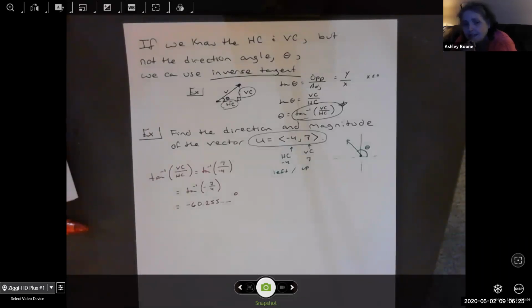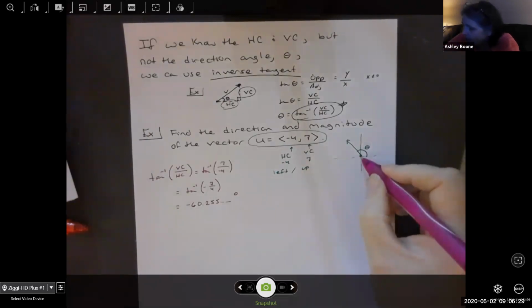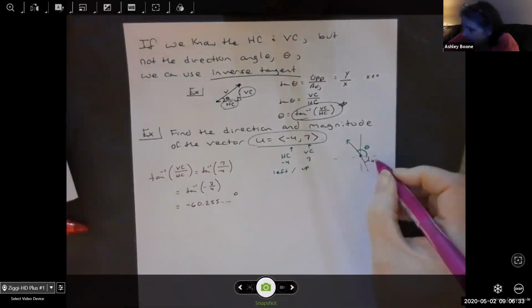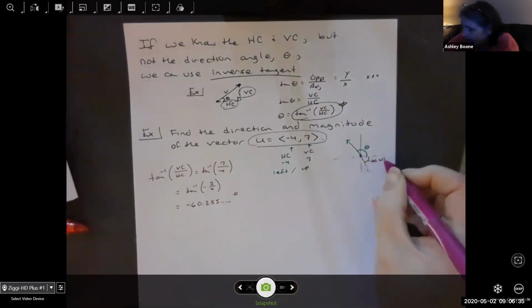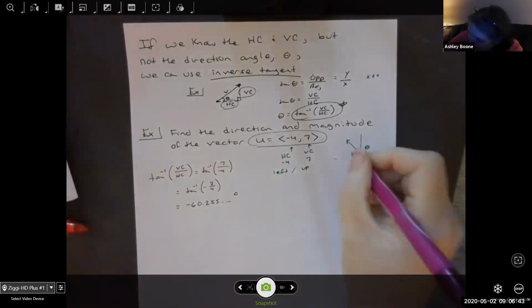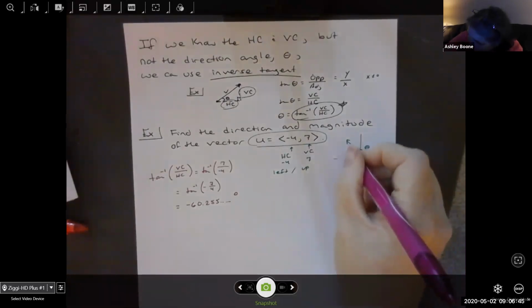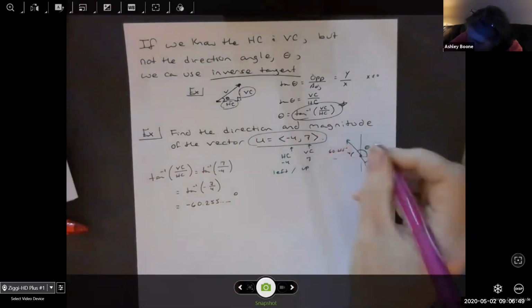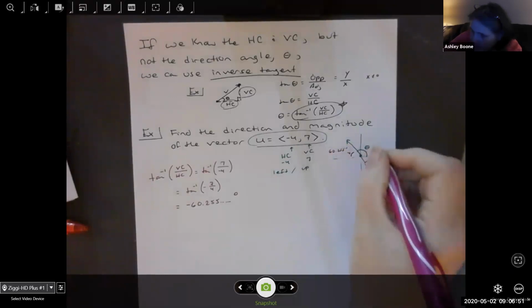If we were to look at the diagram, that's actually giving us this angle right here, the -60.255 such and such degrees. It's giving you your reference angle. That means your reference angle here is about 60.255 degrees. We want to know theta.